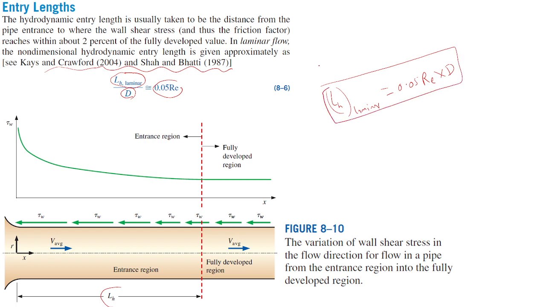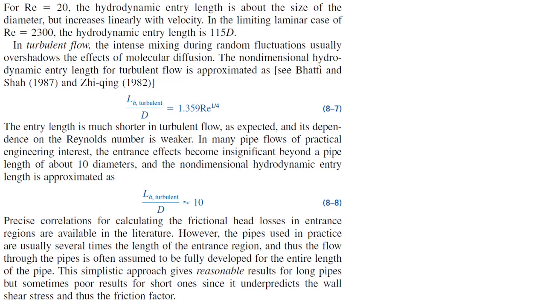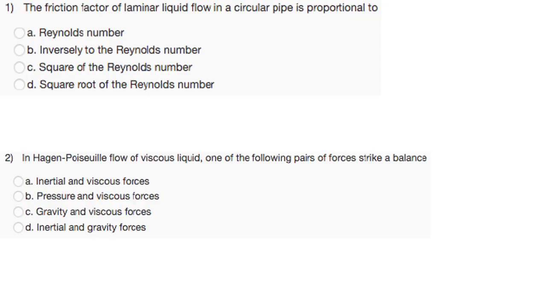And the previous one was about the turbulent flow. In the turbulent flow, because of the mixing and random motion, another researcher gave a different formula. So remember these things; sometimes questions come on that point.